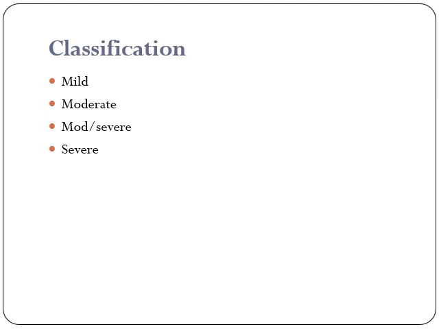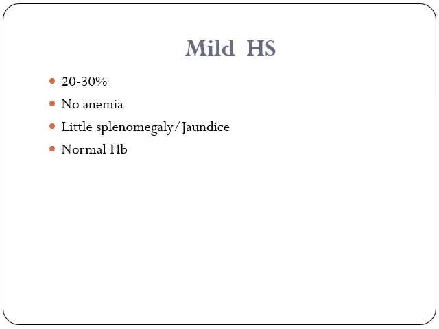Now talking about the classification, they can be classified into mild, moderate, moderate to severe, and severe hATTR depending upon the clinical manifestations. Talking about the mild hATTR, 20 to 30% of the cases are suffering from mild hATTR.